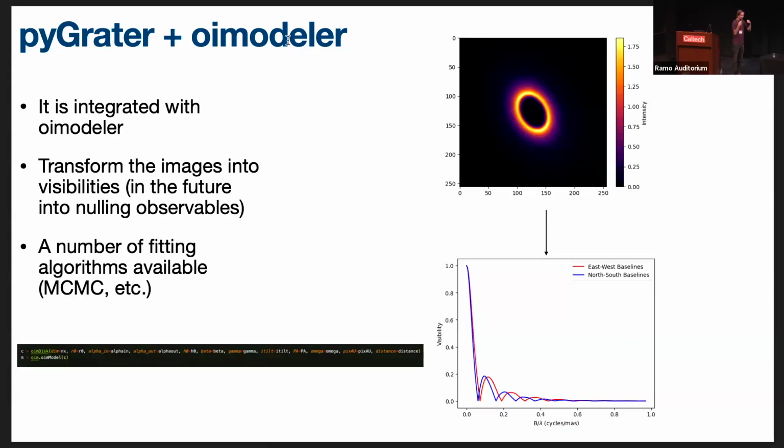It takes some observations, and it fits geometrical models to those observations using some sort of fitter, like an MCMC. We're integrating PIgrader into this fitting code, so you should be able to very easily fit interferometric data with actual physical properties with radiative transfer.